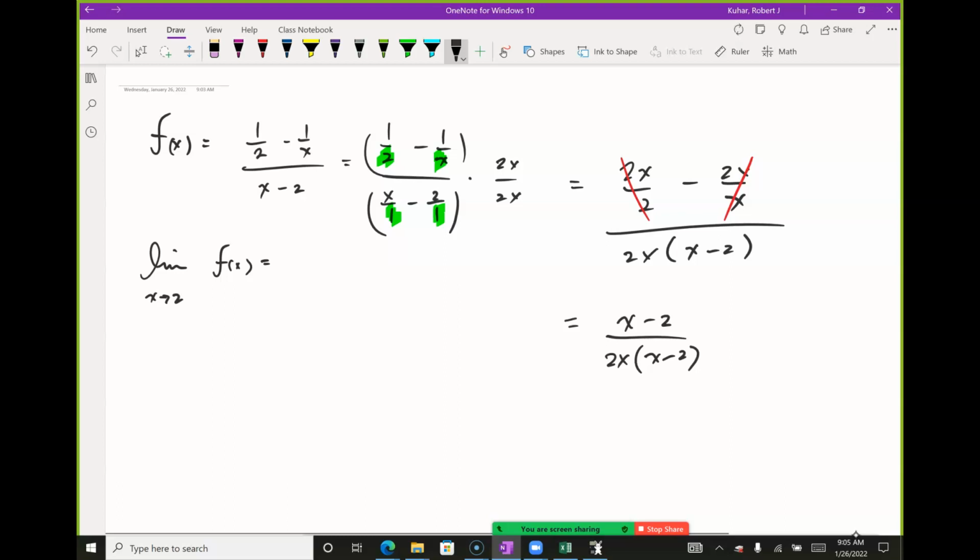You haven't factored. Sure. Better than that is if I plug in 2 at this moment, I'm in trouble again, right? 0 over 0. So now I do notice that I can cancel a factor here, and I get 1 over 2x, and this is my replacement function, right?